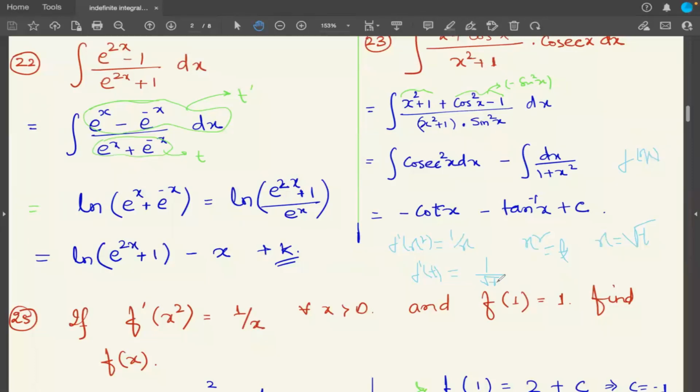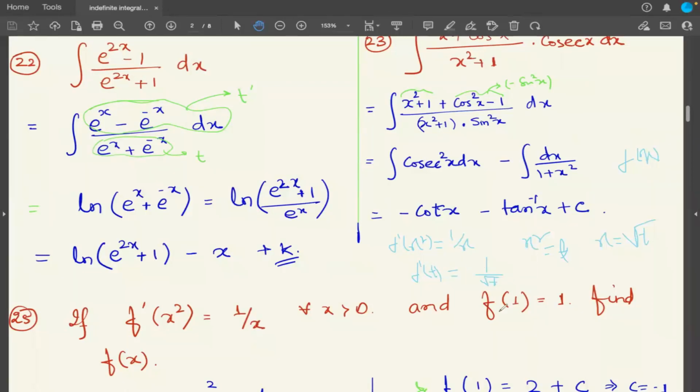I just convert the given function into a favorable function by the method of substitution. Think about how important it is: a simple substitution can convert a complex function into an easy function. So I put x square as t, and f dash of x square is 1 by x given, so our new function is f dash t equal to 1 by root t.